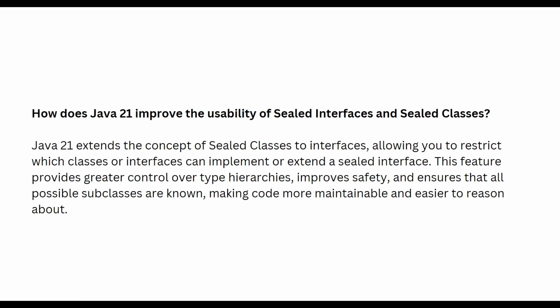So here you have more control over what you want to use. This provides greater control over type hierarchies, and this improves safety. This ensures that all possible subclasses are known, making code more maintainable and easier to reason about.